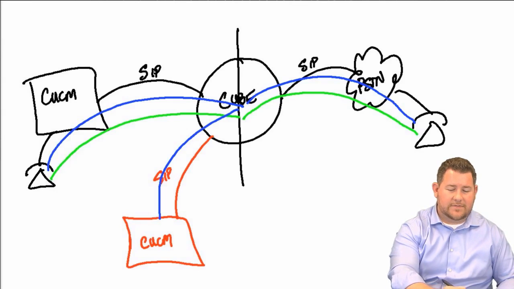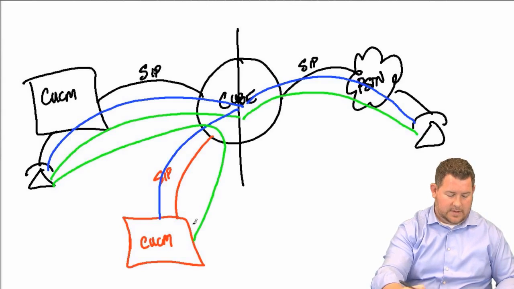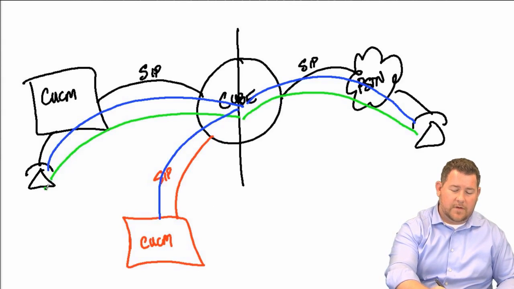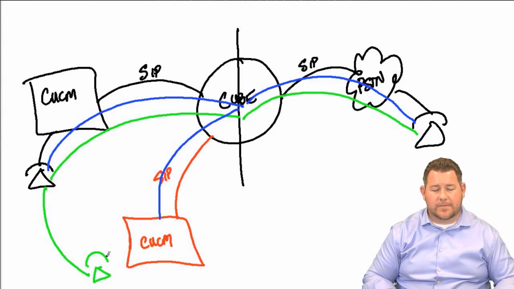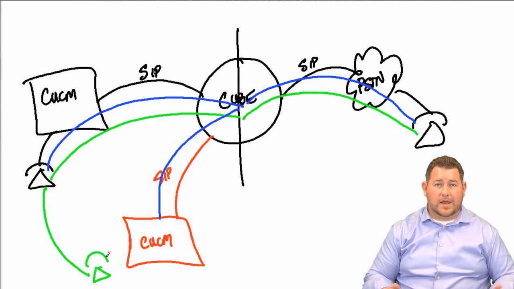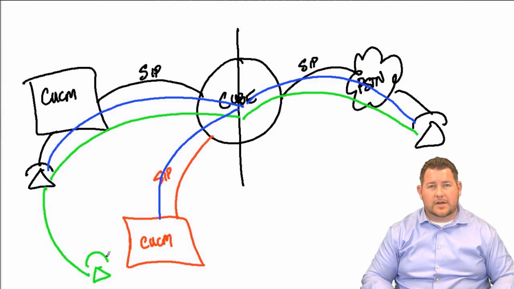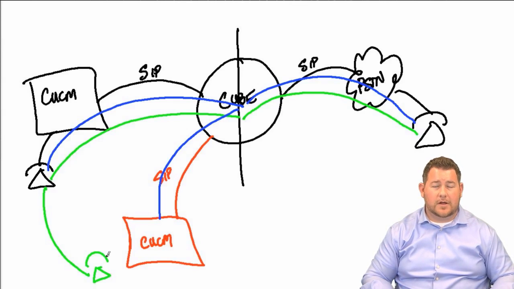But now, instead of the media coming through the CUBE from the phone and back out to the other CUCM, it would instead go directly from this phone to this phone down here. So now we have media flowing around the CUBE, and it would go from endpoint to endpoint just as it normally would in any other scenario. So we're not making the media hairpin through the network. We're making the signaling do that so it can set up the call, but the media is going to go from endpoint to endpoint.